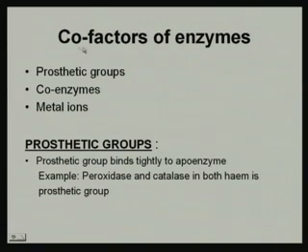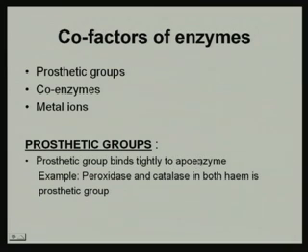Besides this, some cofactors like prosthetic groups, coenzymes and metal ions also play a significant role as far as the functionality or the characteristics of the protein is concerned. Prosthetic groups are the groups that are tightly bound with the apoenzyme.